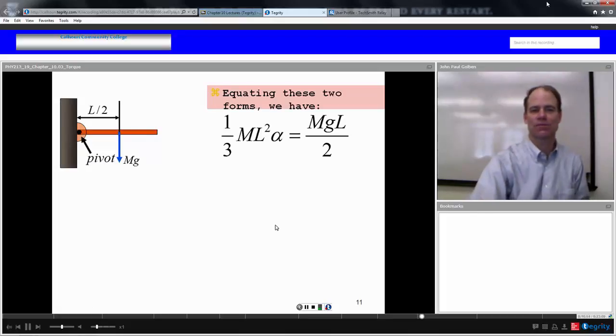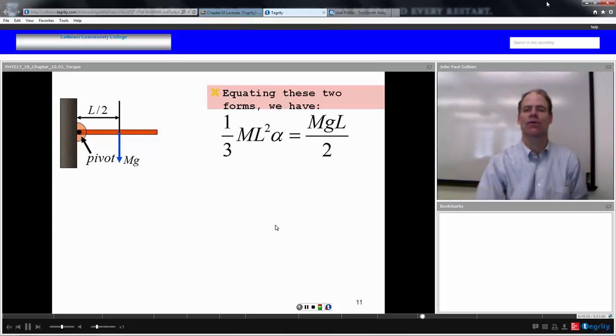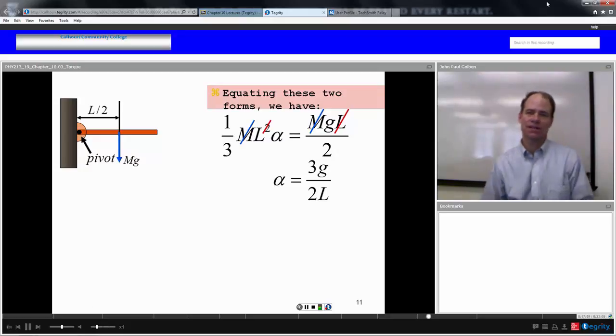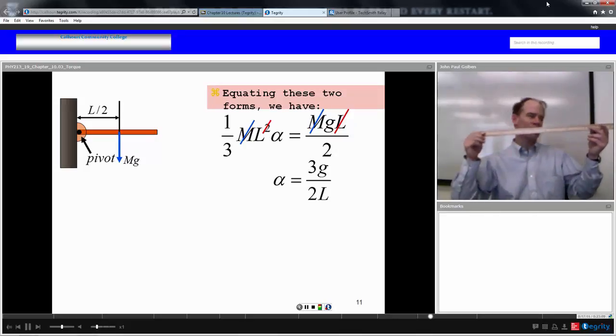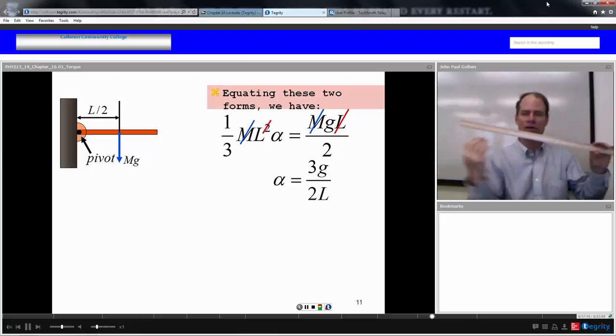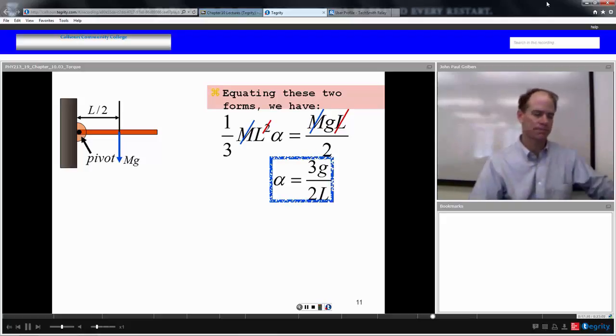So equating these two forms, we have 1/3 mL squared alpha is equal to mg L divided by 2. The m's cancel out, one of the L's cancels out, and solving this for alpha, we get 3g divided by 2L as the angular acceleration of this full rod. The whole rod at once has the same angular acceleration all the way through the rigid body.